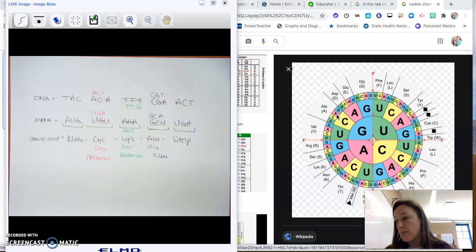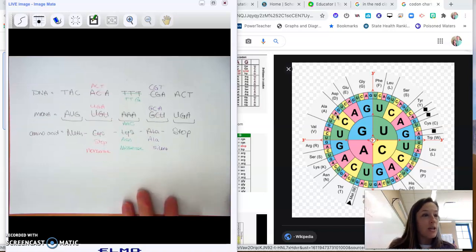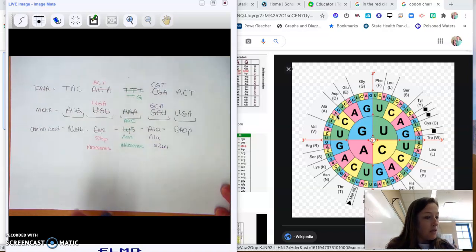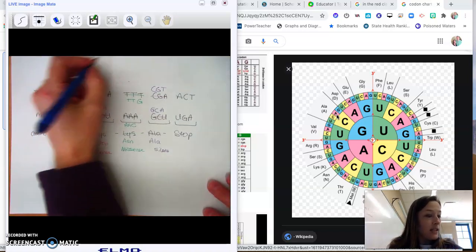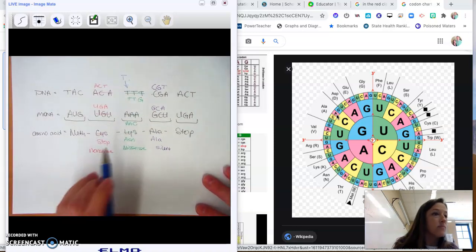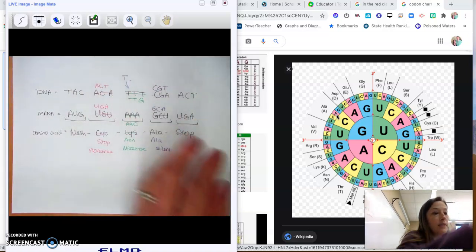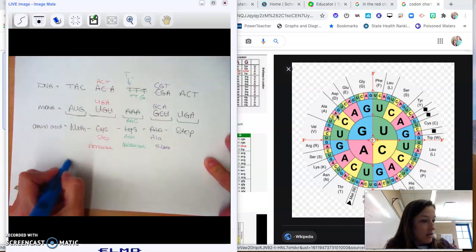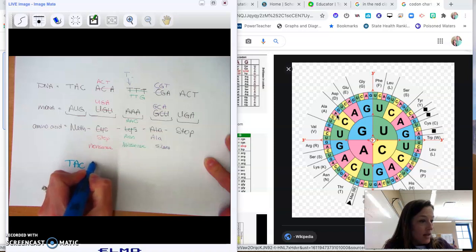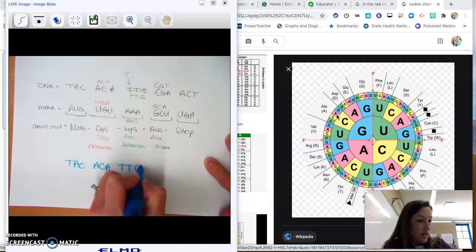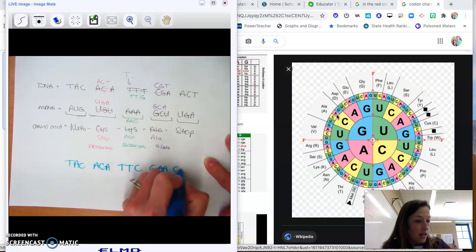The last is I can describe frameshift mutations as a type of point mutation. And so looking at a frameshift, let's say that we delete this T. So we went from TAC, ACA, TTCGAACT.